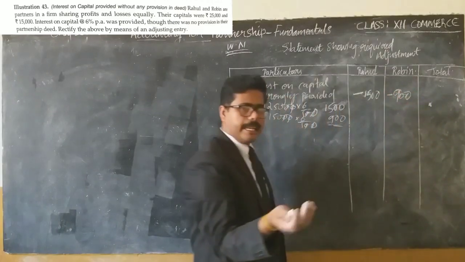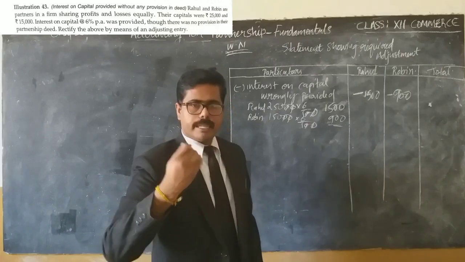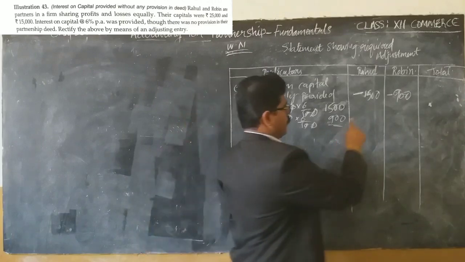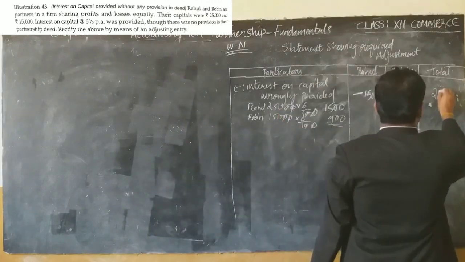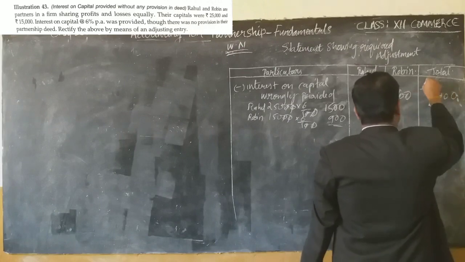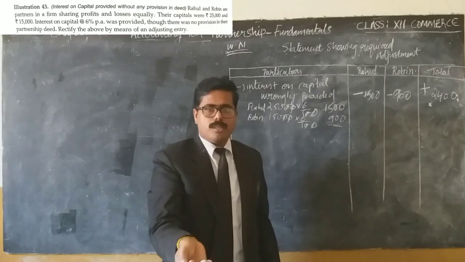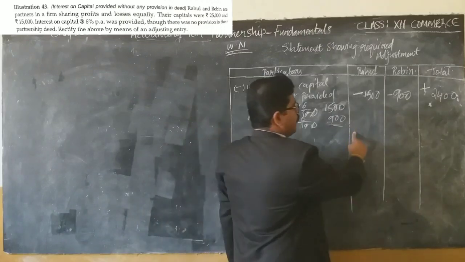So if we take 1,500 from Rahul and 900 from Robin, in our account how much will be the total? 1,500 plus 900 is equal to 2,400. Why I use the minus here: because we will deduct from their capital account.